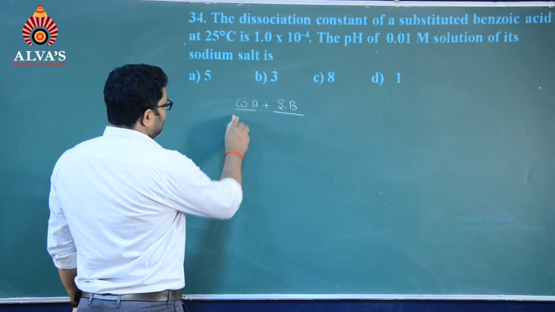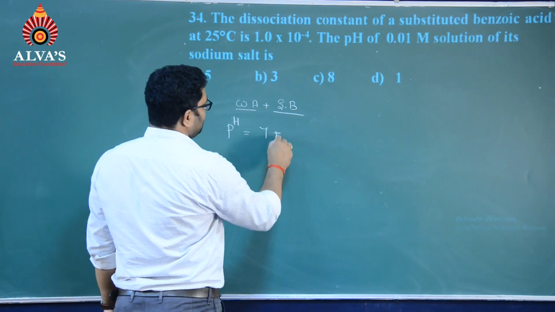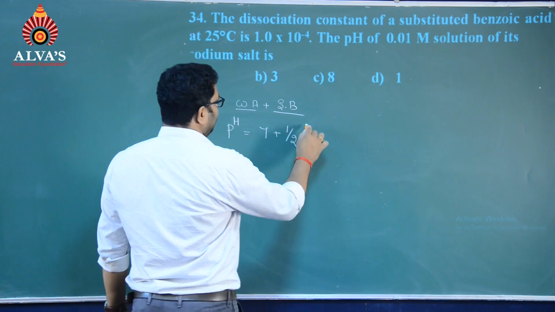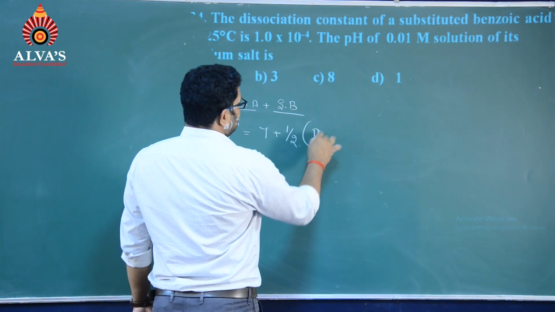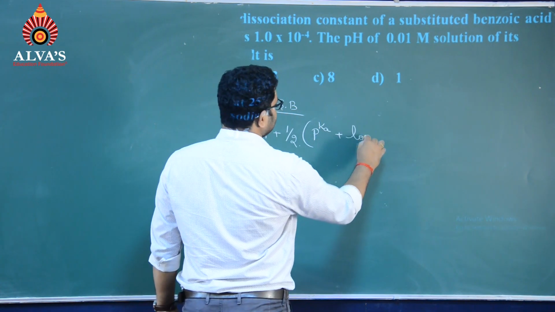Now, the calculation for pH is given by 7 plus half into (pKa plus log C).